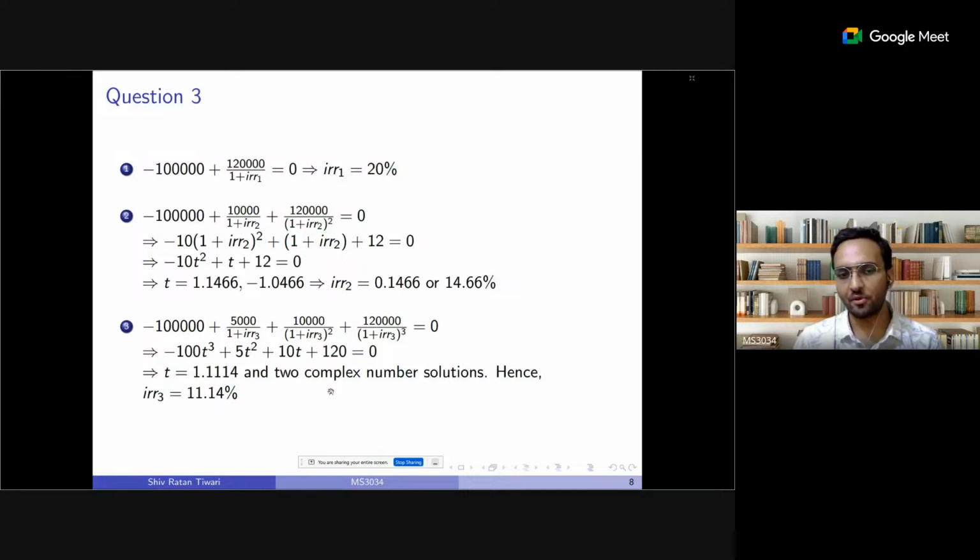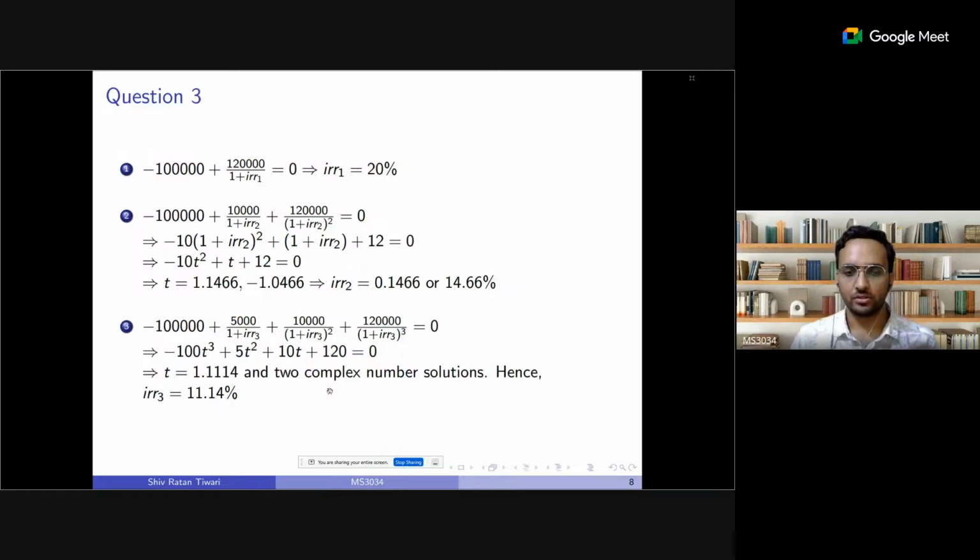So you observe that as the number of periods for your payment or cash flow goes on, the complexity of this equation increases, and the degree of the polynomial which you have to solve in order to get your internal rate of return increases.